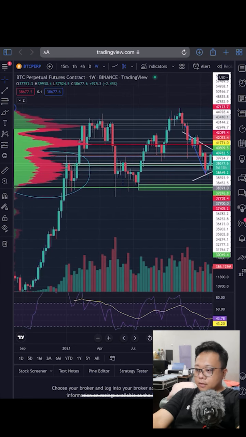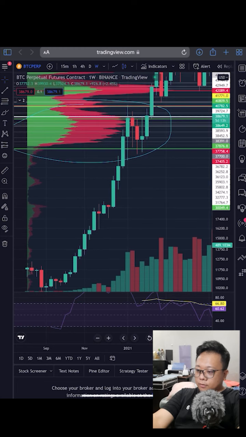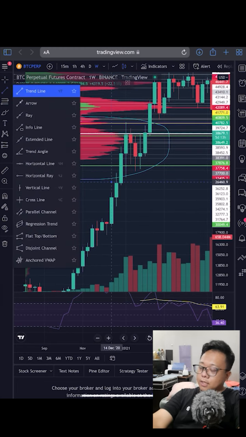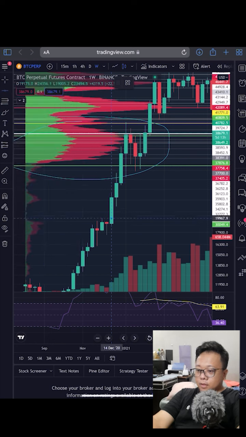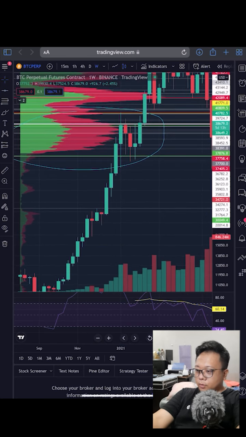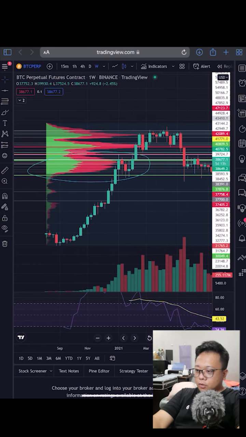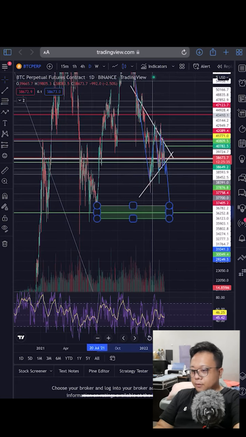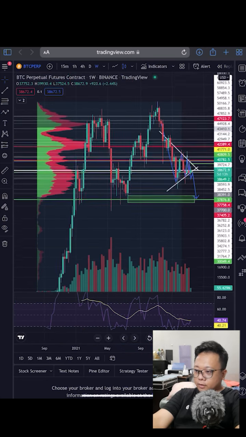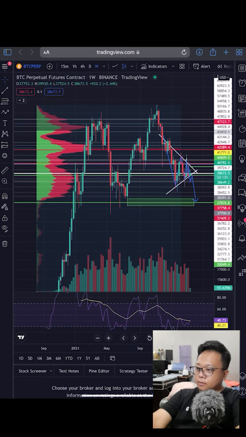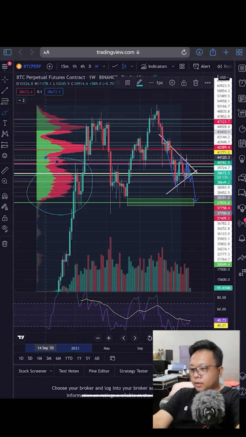As you can see here, we might bounce at 20k and 22k. 20k is the previous all-time high 4 years ago, and the other one is around 22 to 23. That's the next strong support. But don't worry, this area is fairly high, so the volume there is high.